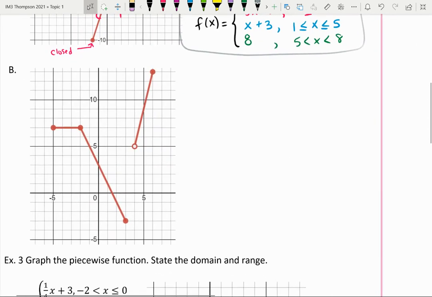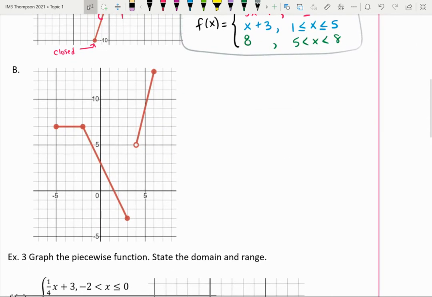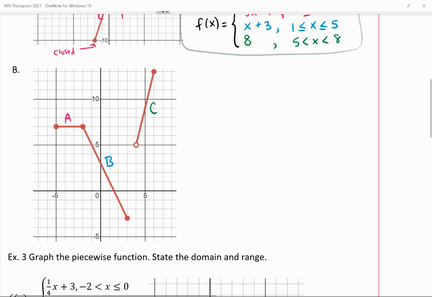I'm still going to color coordinate these while I write the answers, but they're not color coordinated on here because we're going to have to make some tough decisions. So I'm going to call this part of the line function A, this part of the line function B, and this part of the line function C. This makes it a little easier for you to determine what I'm working on.